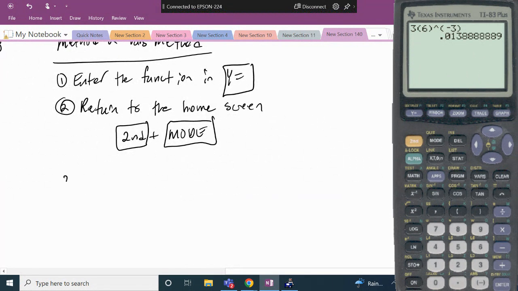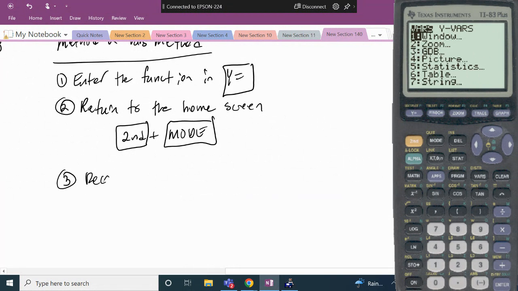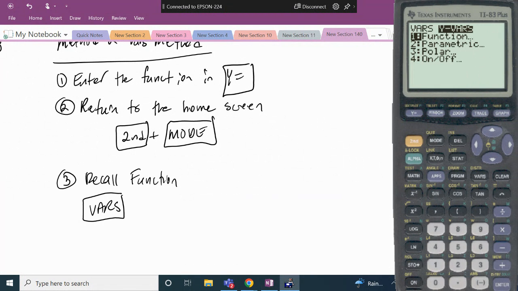Now we want to recall the variables, so we're going to hit VARS. I'm going to scroll over to Y variable.